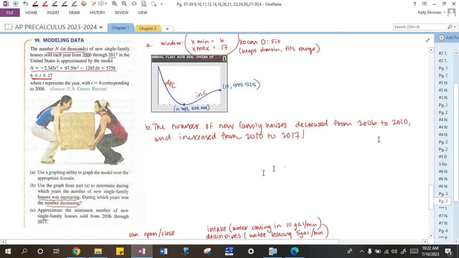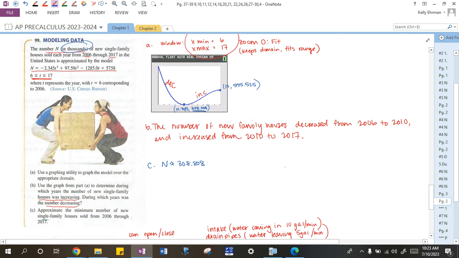And then part C is approximate the minimum number of new single family houses sold from 2006 to 2017. So I already found the minimum right there. And remember n, which is the y value, n is about equal to 308.808. That represents thousands of new single family houses.